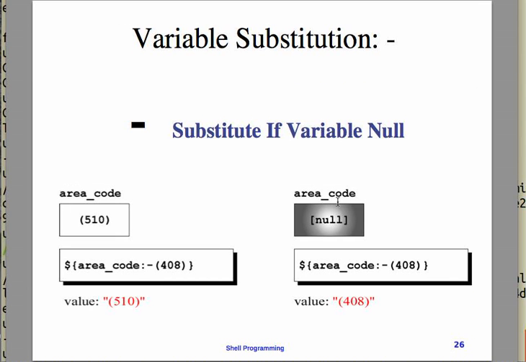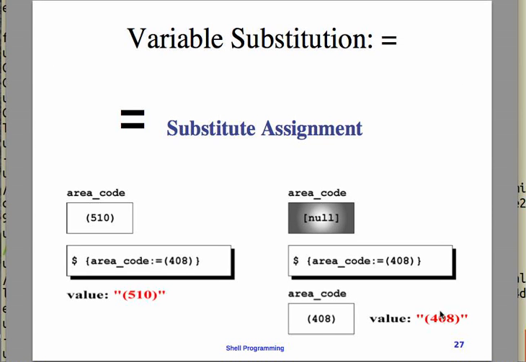Let's say area code has not been defined, and you can try this. You can just not assign a value to area code and then echo this thing. What you will see is since area code is not defined, the minus says, okay, area code has not been defined, so the value of this whole thing in the box is just this part: open close parentheses 408. Alright, so there's a couple more examples, and you can try this.